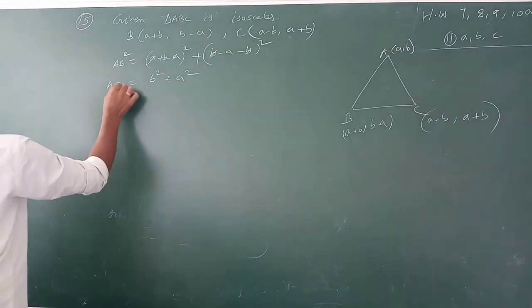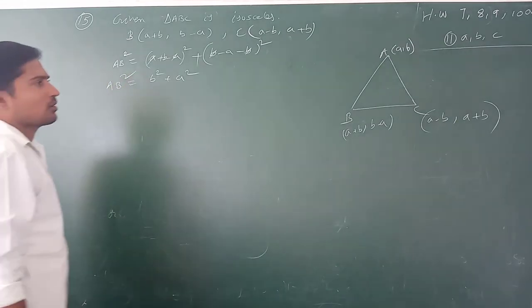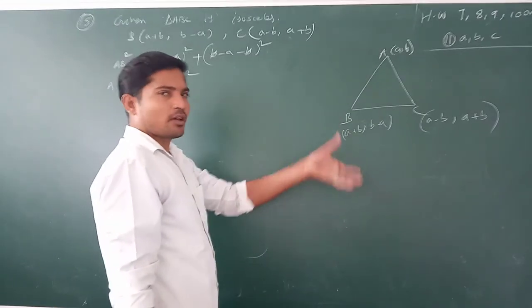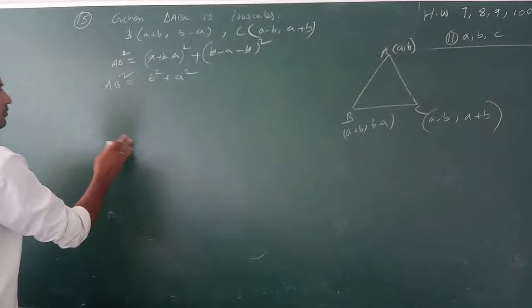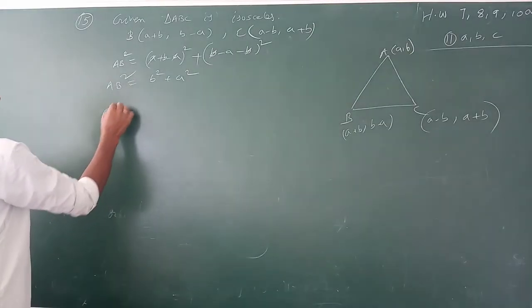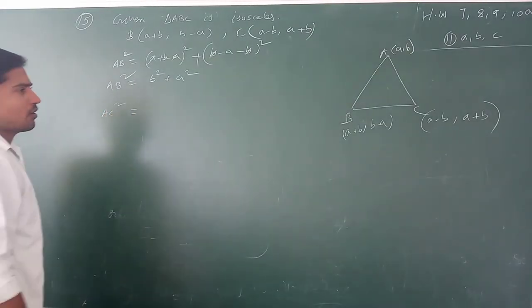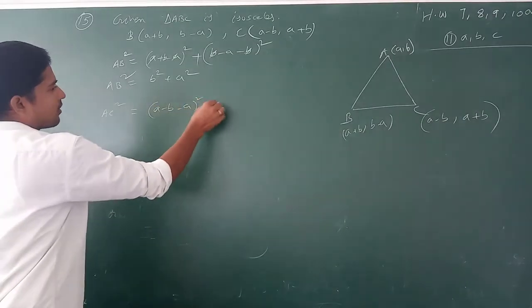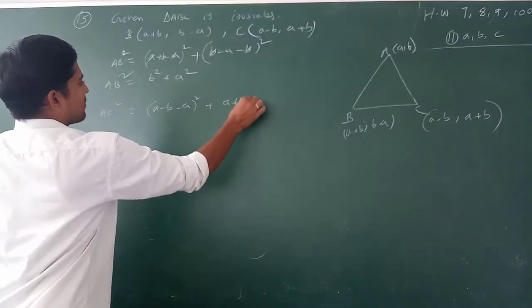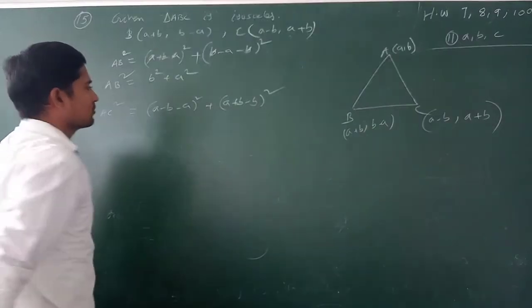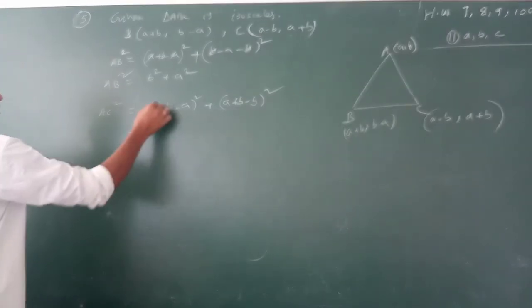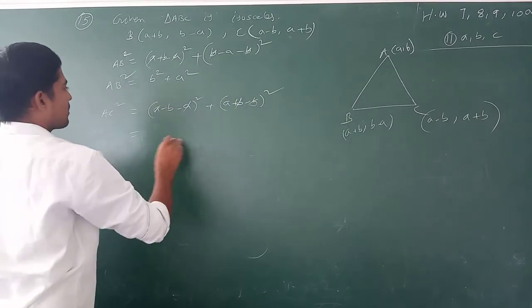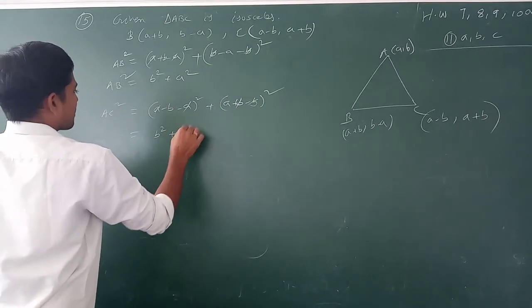That is AB square. Then AC square equal to (a minus b minus a) whole square plus (a plus b minus b) whole square. Are you understanding? Cancel, cancel. So b square plus a square.